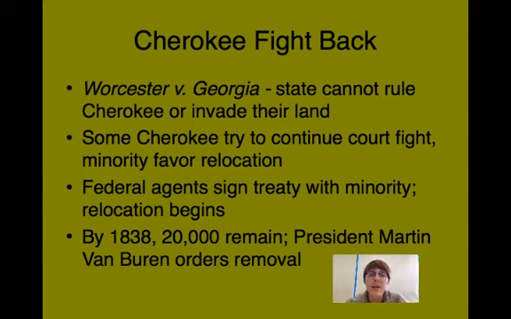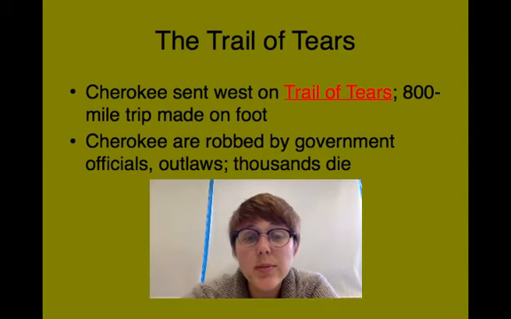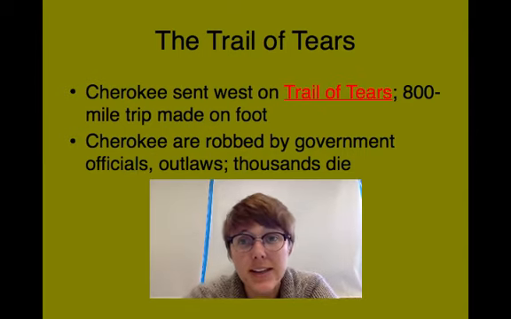They keep on sort of fighting this over and over again, but eventually in 1838, we have only 20,000 Cherokee remaining in this area, and eventually they're even ordered to leave, okay? This leads to probably one of the worst events in American history. This is called the Trail of Tears.